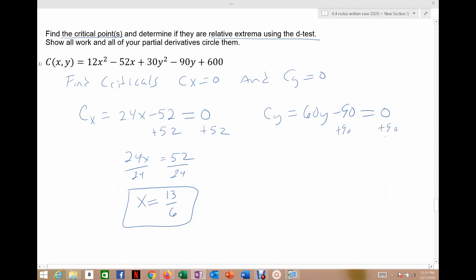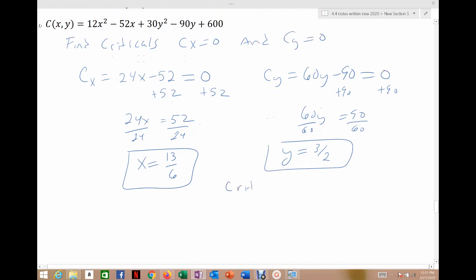Similar steps for y. This one's a little easier to reduce. It reduces to 3/2. So my critical value is the point (13/6, 3/2).